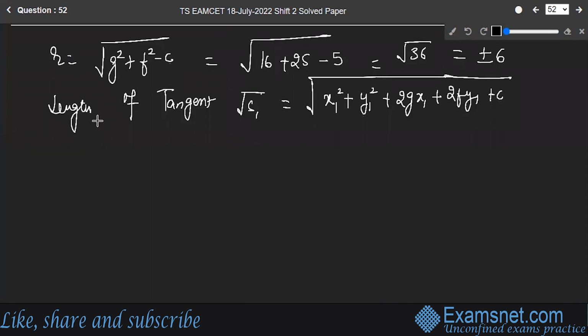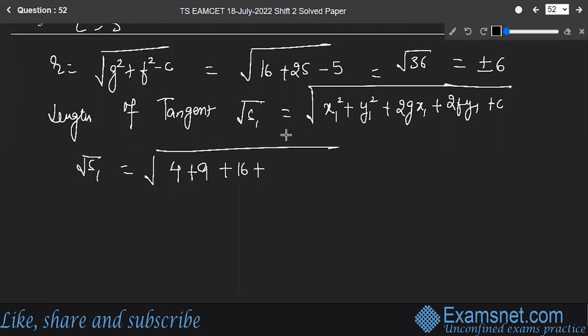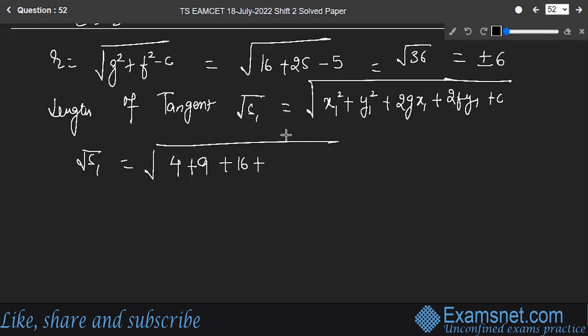So this will be root of S1: minus 2 square is 4, minus 3 square is 9, plus 2 into minus 4 into minus 2 is plus 16, plus 2 into f, which was minus 5, 2 into minus 5 into minus 3, this is equal to 30, plus 5. This is going to give you 8.